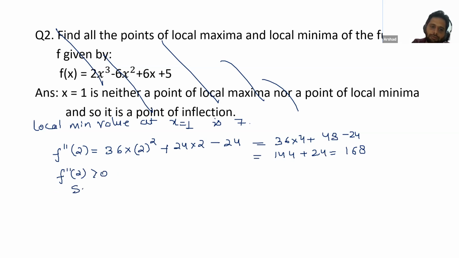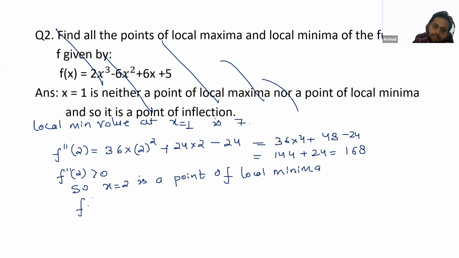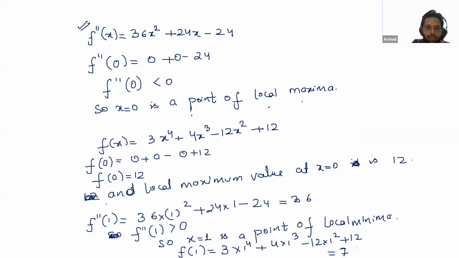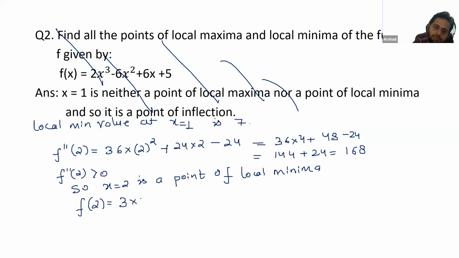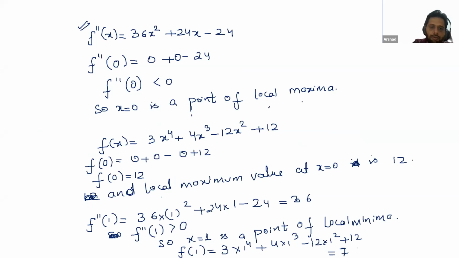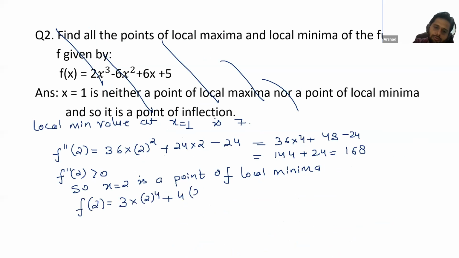So x is equal to 2 is a point of local minima. Okay, now we will calculate this value. f2 is what? 3x to the power 4. So 3 into 2 raised to the power 4 plus 4x cube, 4 into 2 cube, minus 12x squared, 12 into 2 squared, plus 12.